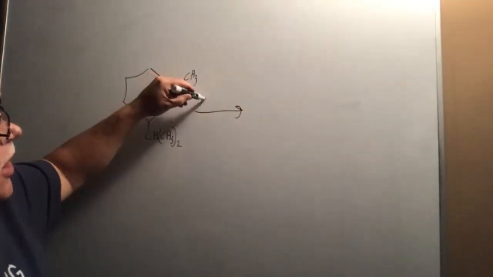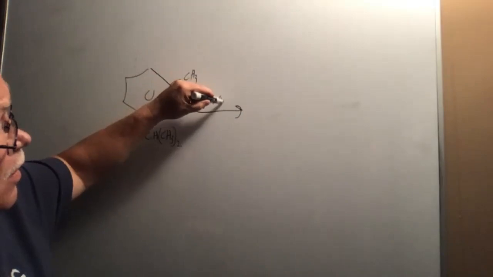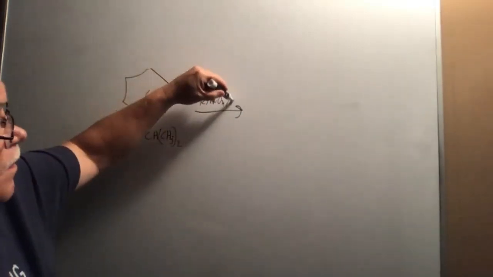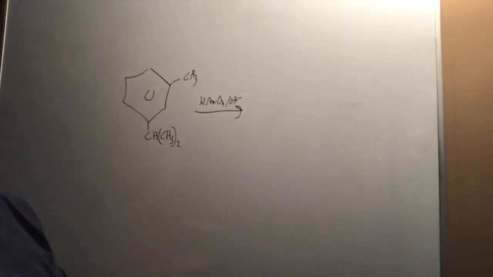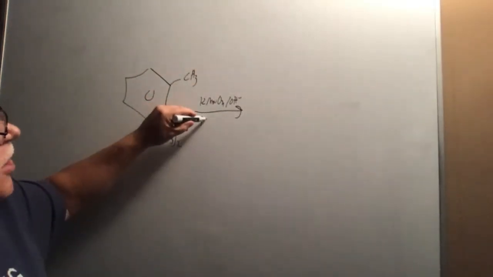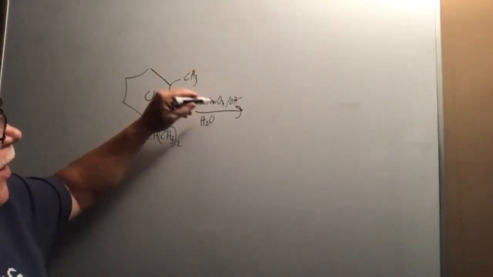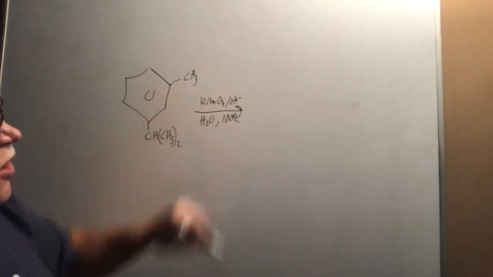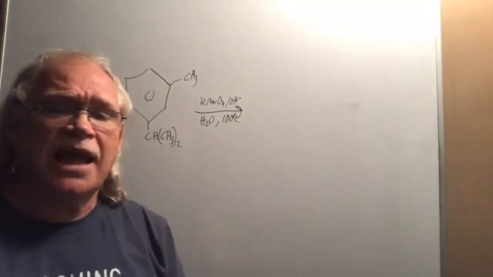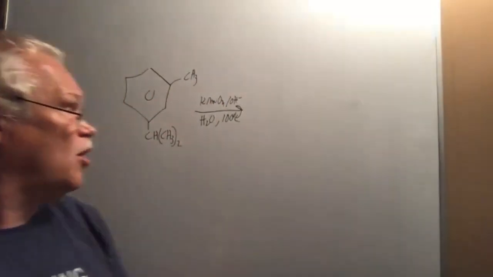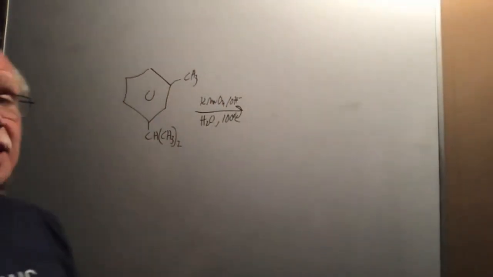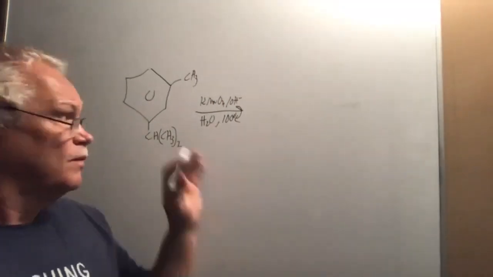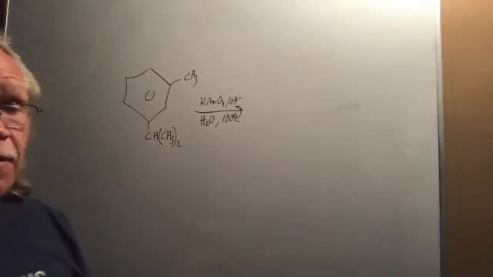The reagent is KMnO4 in basic solution at 100 degrees Celsius. We also know there's water in there since it's in basic solution. So we're going to take some basic KMnO4 and boil these alkylbenzenes in there.